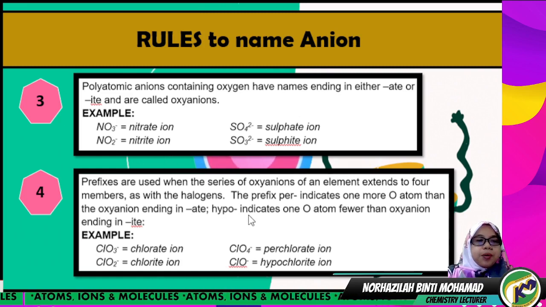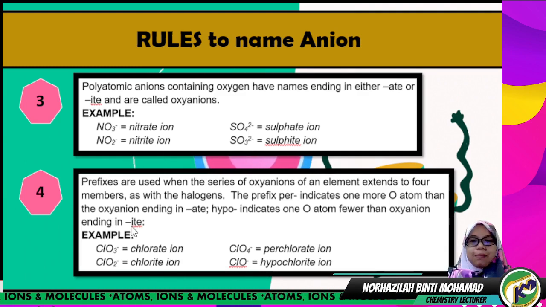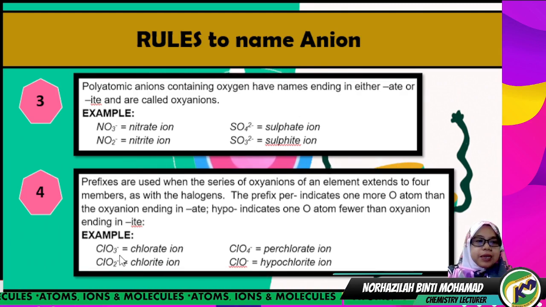Hypo- indicates one oxygen atom fewer than the oxyanion ending in -ite. So let's explain this one. Let's say we have ClO3 minus. Listen carefully. ClO3 minus is chlorate ion. ClO2 minus is chlorite ion because it has fewer oxygen than chlorate. So it becomes chlorite.